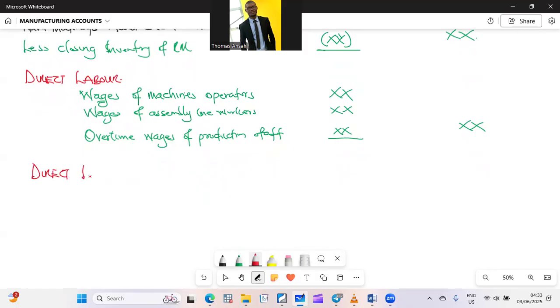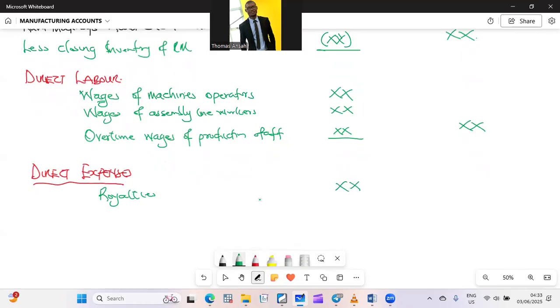What are examples of direct expenses you may get? For your level, the usual one you will get is royalties. So royalties paid per product, all right? So payment for that one, you will have it.